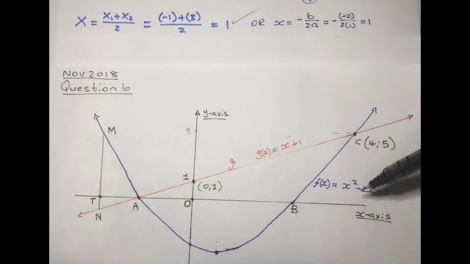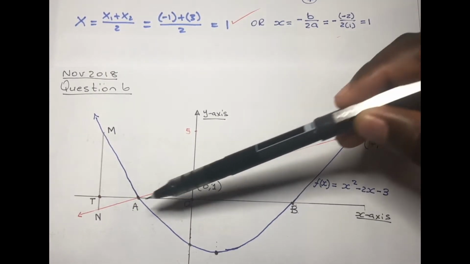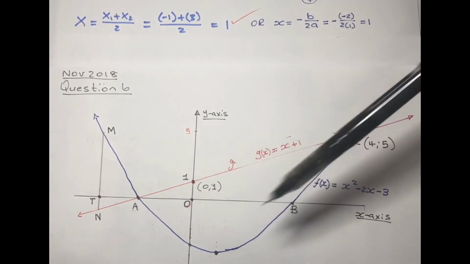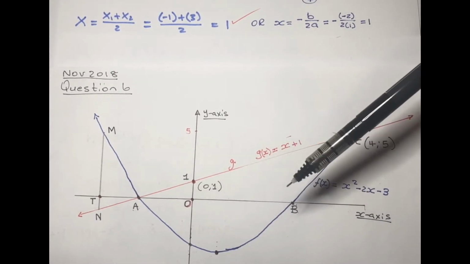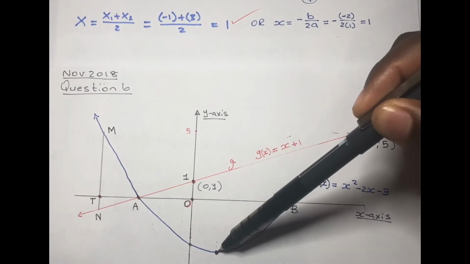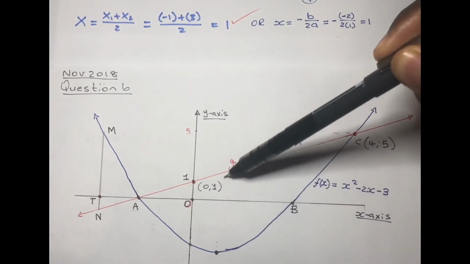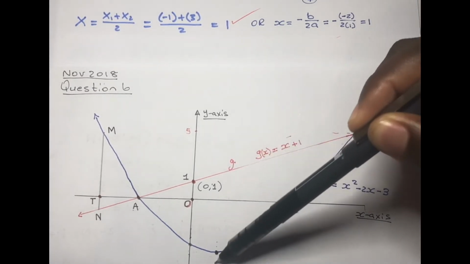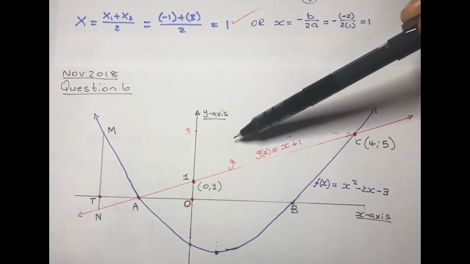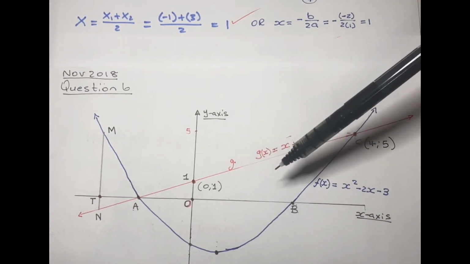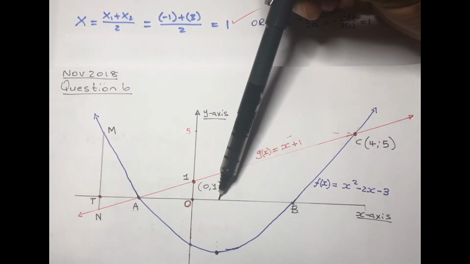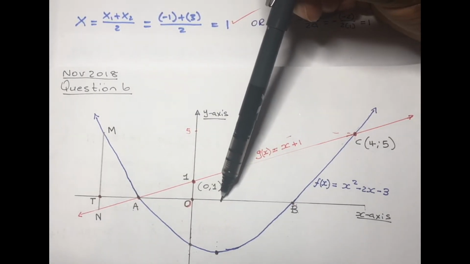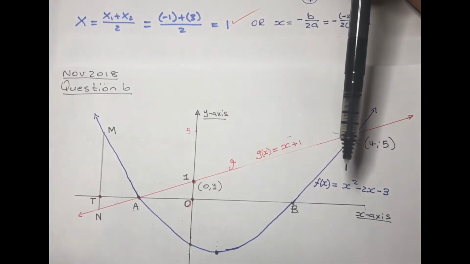The first option that you have is to use point A and point B to determine the x value at the turning point. Remember, you can have a symmetrical line at the turning point of the graph, which means halfway from A to the turning point equals halfway from the turning point to the other x-intercept of the graph.